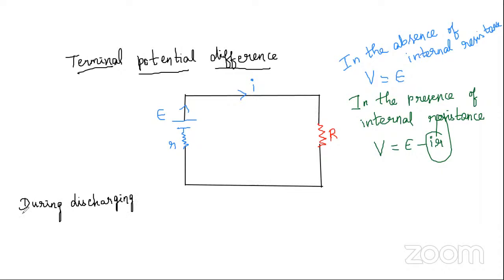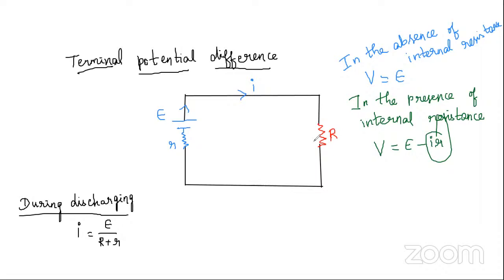So during discharging, the current given by the cell I is equal to EMF divided by capital R plus small r. Because you have capital R and small r in series, the total current is epsilon by capital R plus small r, since you have to include both resistances.